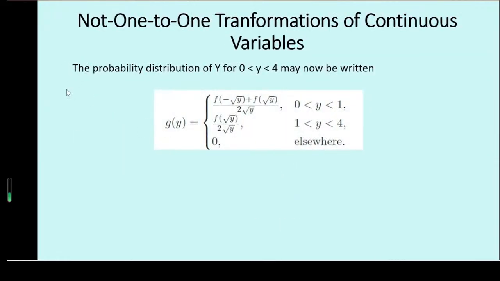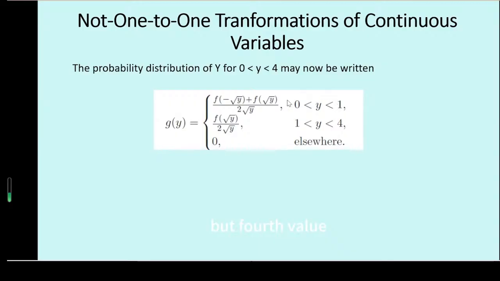So for this specific problem, the final result for y between 0 and 4 is: for 0 to 1, two parts together, and for 1 to 4, only one part. Because for y between 1 and 4 in this problem, it is a one-to-one transformation between x and y.